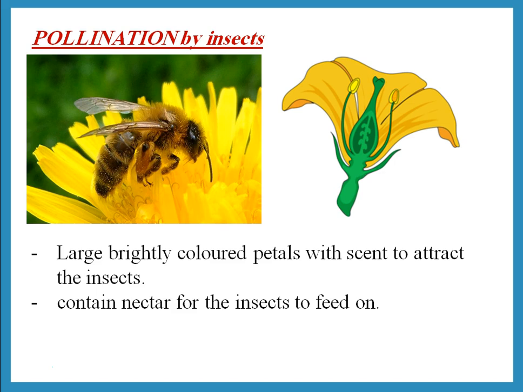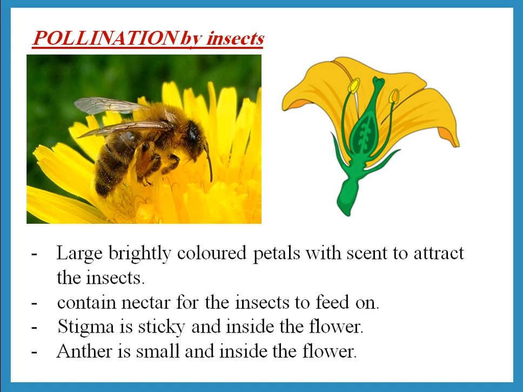It also contains nectar for the insects to come and feed on, and the stigma is sticky and inside the flower, and the anther is small and inside the flower. So if a flower has all of these characteristics, then it is going to be pollinated by insects.